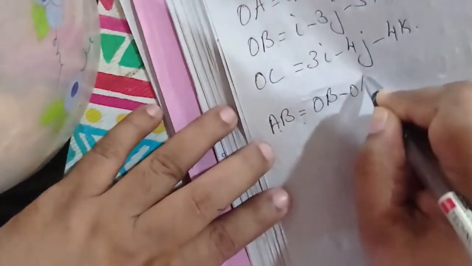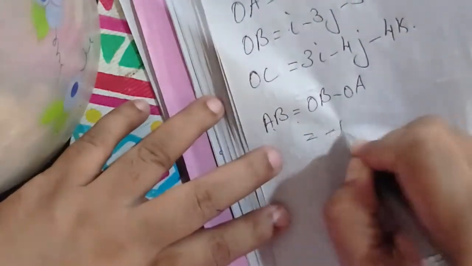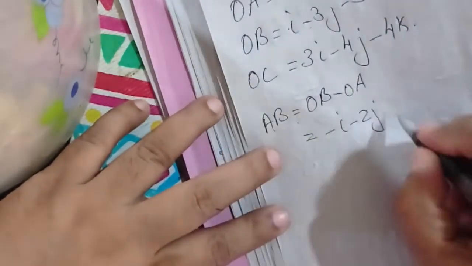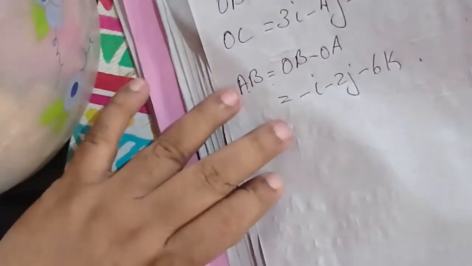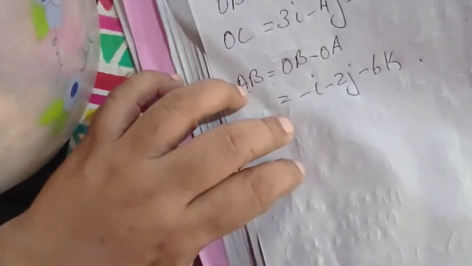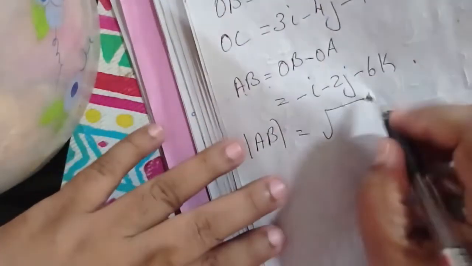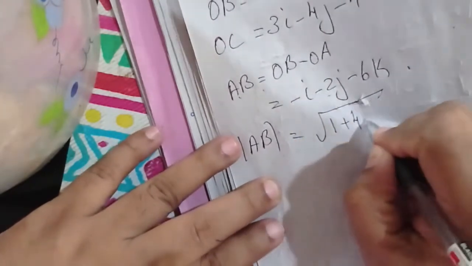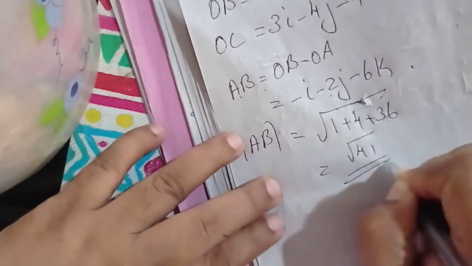OB minus OA: minus i minus 2j minus 6k. Check the answer. Then what is the modulus of AB? Root of 1 plus 4 plus 36. Is it 41? Root 41.